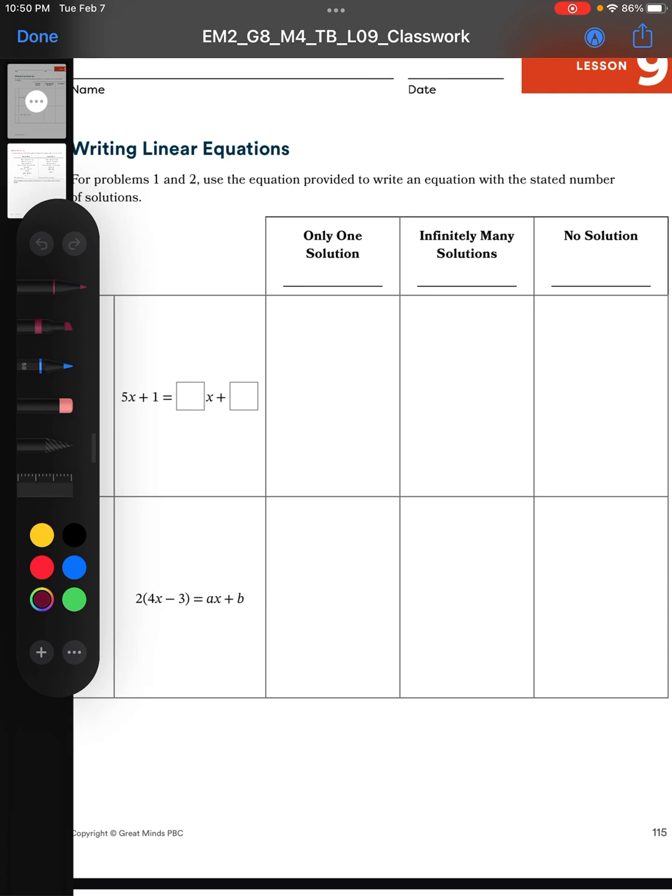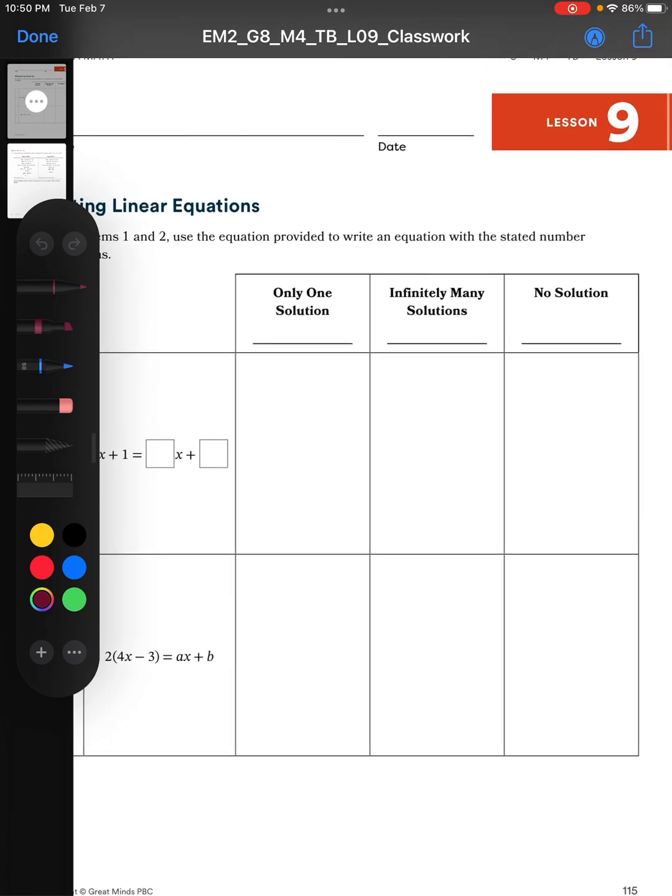So we already said that when equations have infinitely many solutions, the left side is the same as the right side. Specifically, the coefficients and variables are the same, and so are the constants. So after distributing and combining like terms, those equations generally look like this, where we have a coefficient, a variable like x, and we're either adding or subtracting, usually another number, which we can use the letter b to represent.